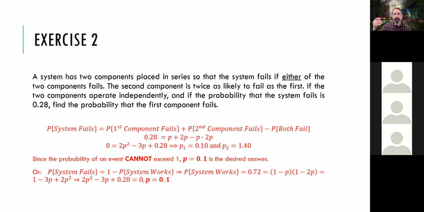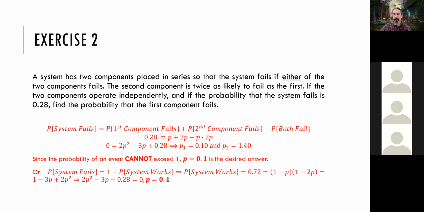If both of these do not fail, then the system will work. What's the probability that the first one will work? 1 minus P. What's the probability that the second one will work? 1 minus 2P. I should just multiply these and get 0.722, which is 1 minus 0.28, the probability that the system will fail.